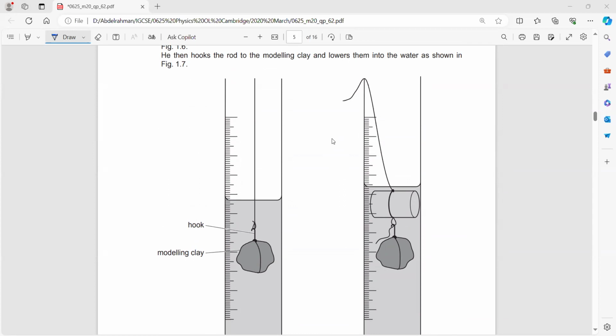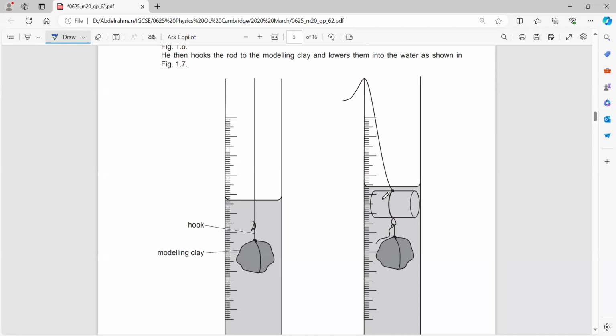Or, for example, this is a wooden cork. This wooden cork could absorb some water. So in removing the wooden cork or the modeling clay, it could remove some of the water. So the reading wouldn't be 100% accurate.